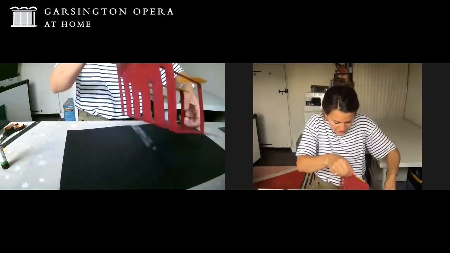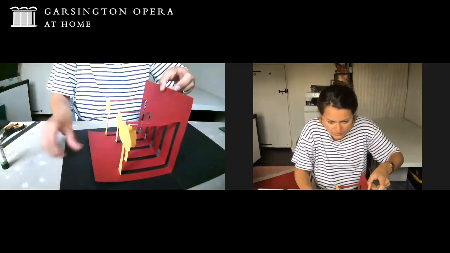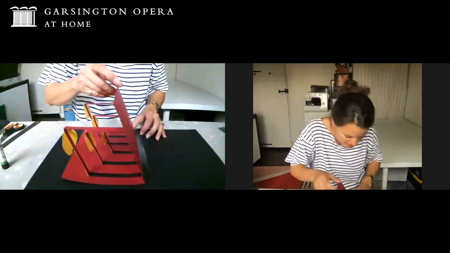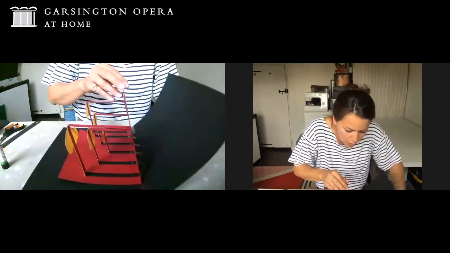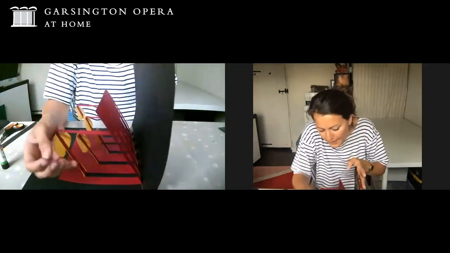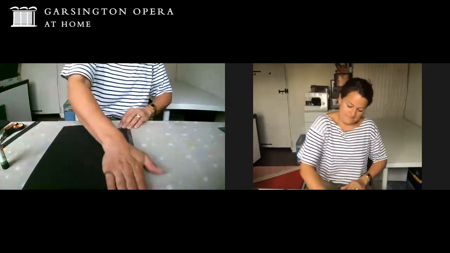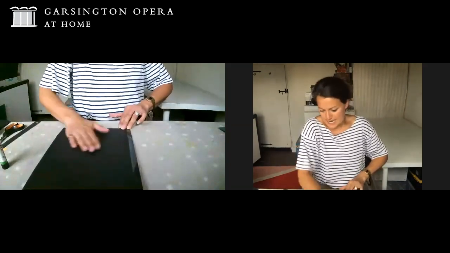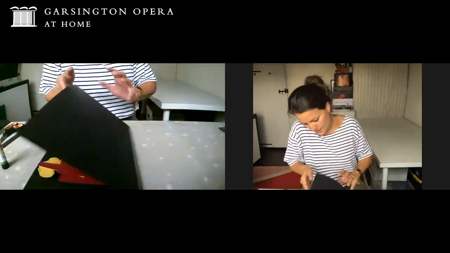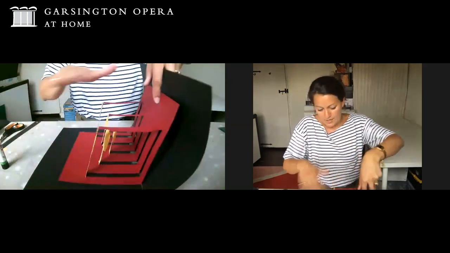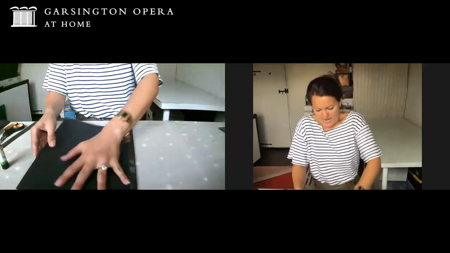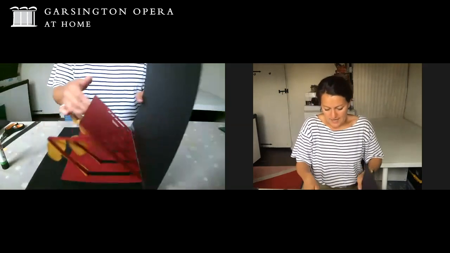And then you want to, as I said, get it really nice and close in on the fold of your black paper. And then what you can do is you can shut that and give it a nice push down, nice and carefully like that.